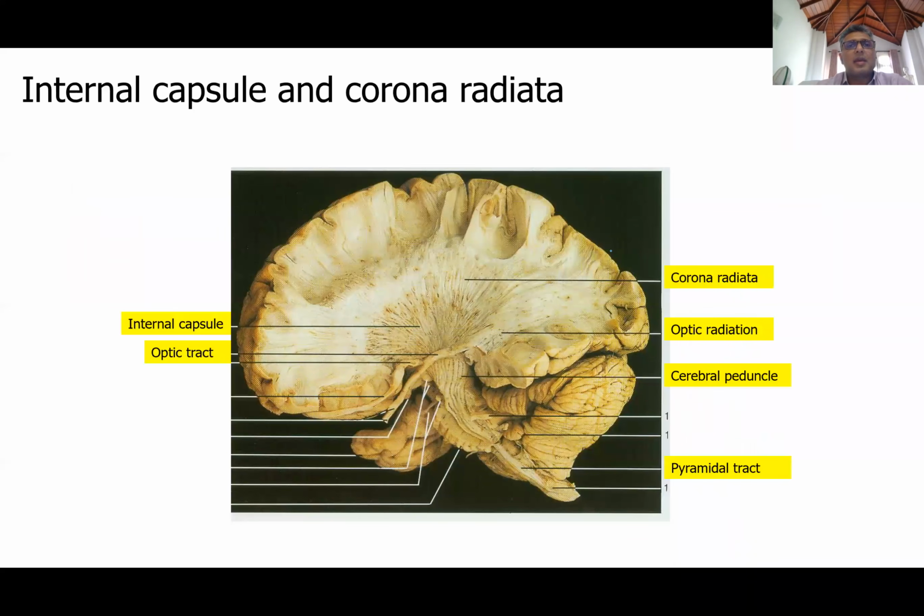So, the corona radiata and the internal capsule. All your nerve fiber tracts, the fibers going up, which are the sensory fibers, and the fibers going down from the cerebral cortex, which are the motor fibers, will have to enter the spinal cord or the cranial nerves.